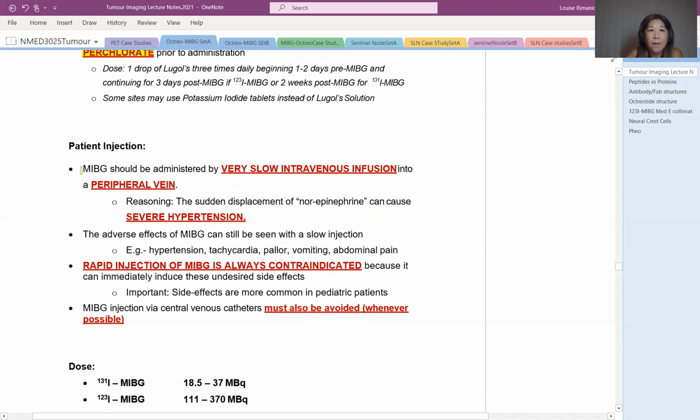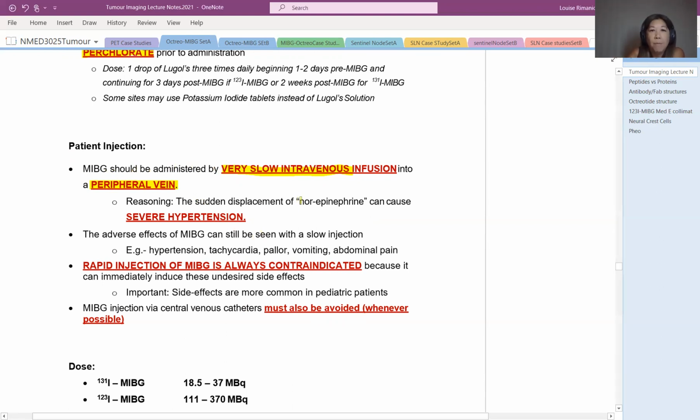When it comes to giving the injection, the key thing here is that we need to administer MIBG slowly. Okay, so it's given intravenously, but it's given very slowly, and whenever possible, you want to give it into a peripheral vein. You might ask why that's important.